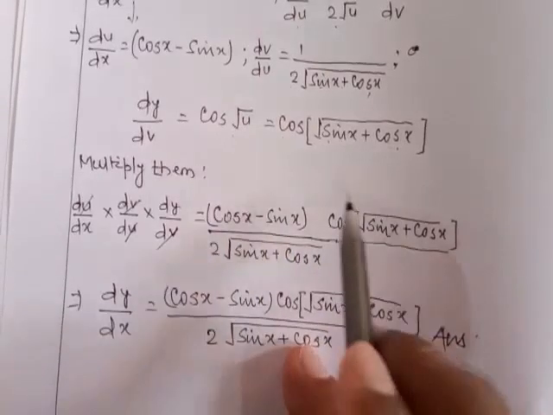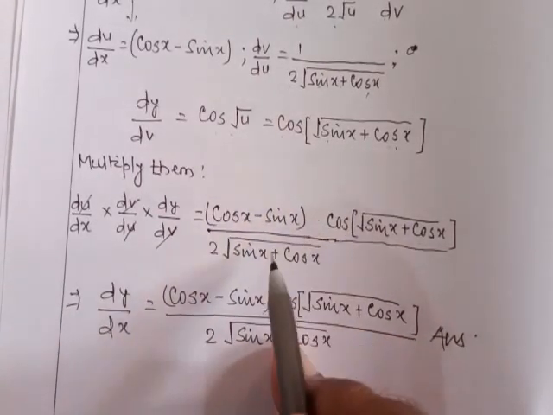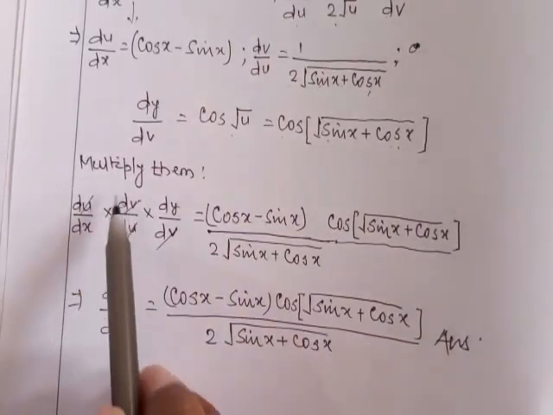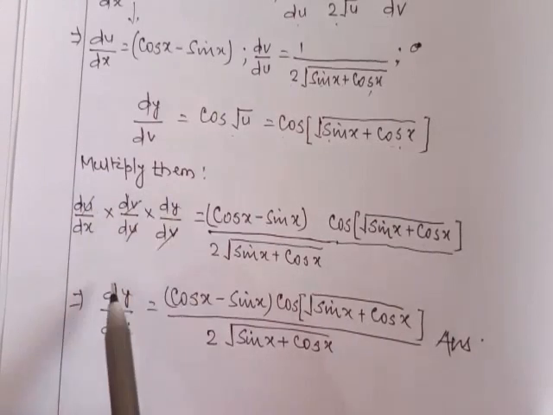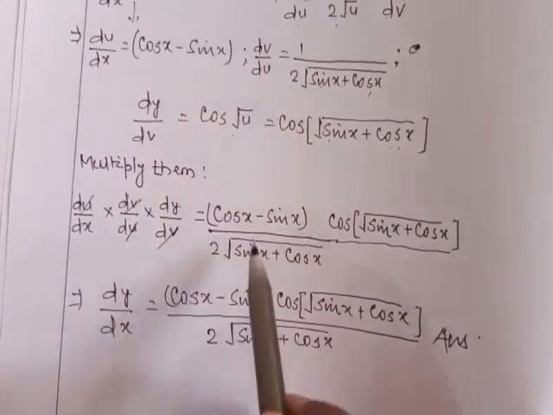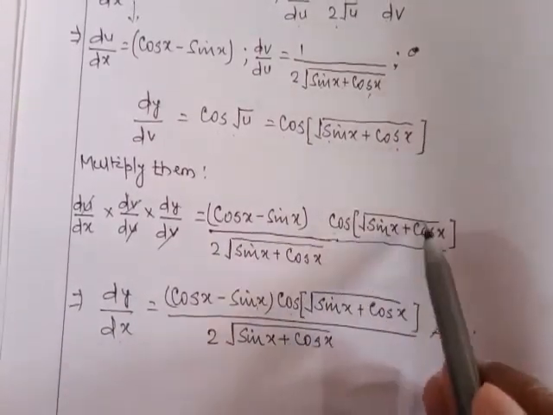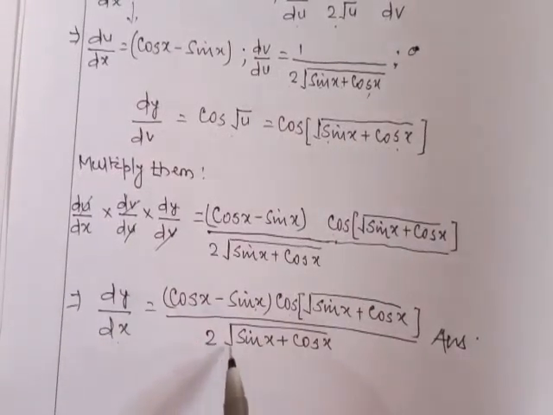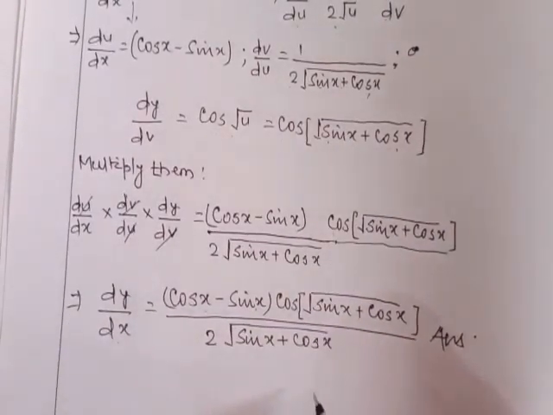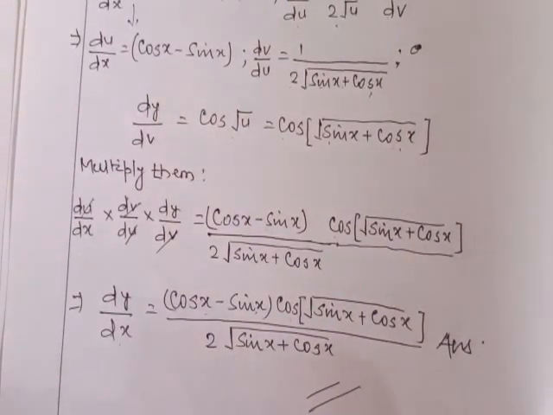Simplify if any terms are multiplied or cancel, and finally write down the result. So dv should cancel, du should cancel. We have dy by dx, that is cos x minus sin x into cos of under root sin x plus cos x, divided by 2 under root sin x plus cos x. So students, in this way we differentiate the problems.